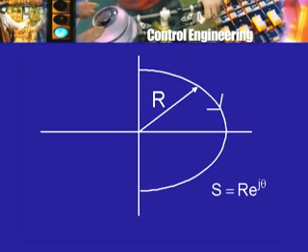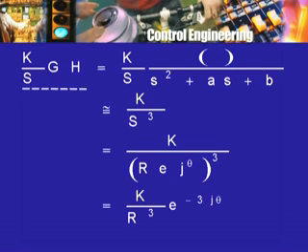Now, I have to close the curve. So, this is where one more thing comes into the picture. Along the semicircle, so let me draw the semicircle now once again. Here is the semicircle, here is the radius r. So, what was s? s was equal to r e raised to j theta. Now, I have k divided by s into gh. As we saw, gh has no zeros. So, there is a constant here divided by a quadratic, s squared plus as plus b, is what I wrote earlier.